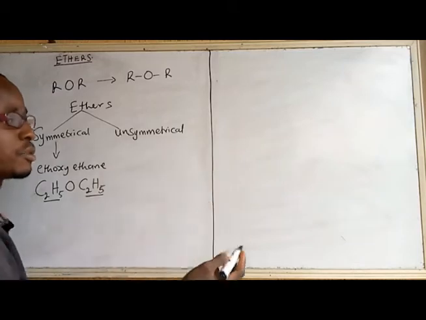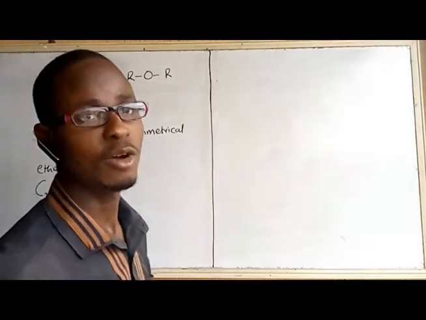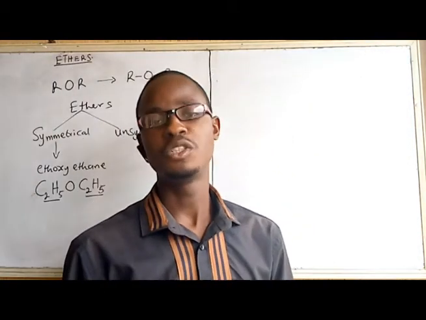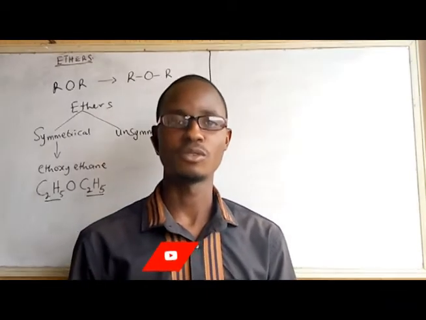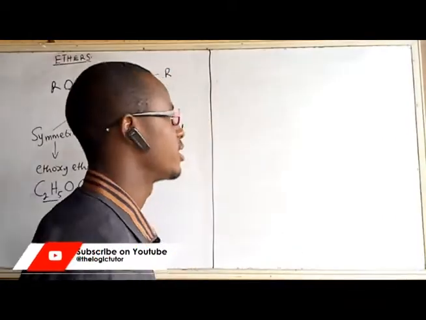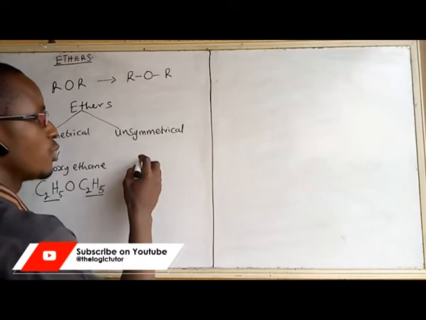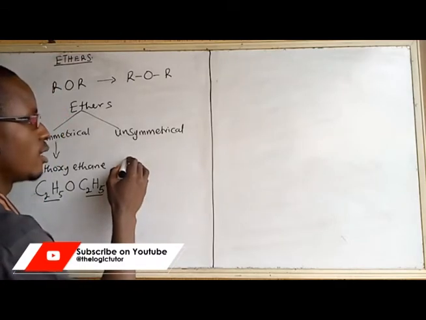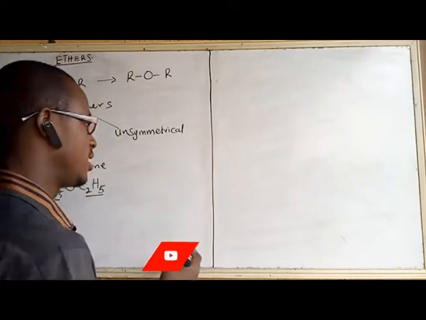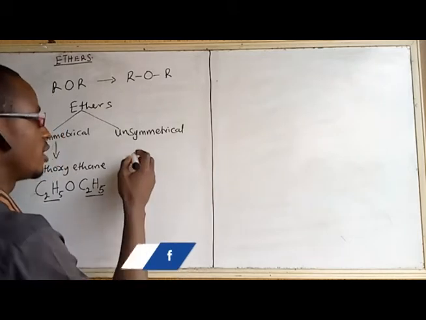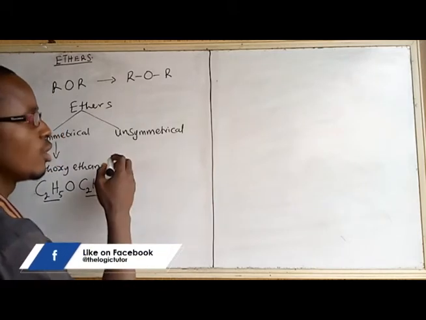Then the unsymmetrical ethers are ethers that consist of two different organic radicals. An example of such is methoxybenzene. Methoxybenzene is one of the unsymmetrical ethers.